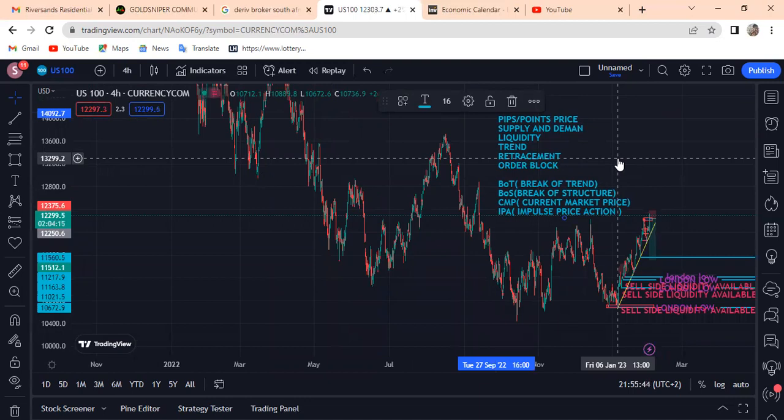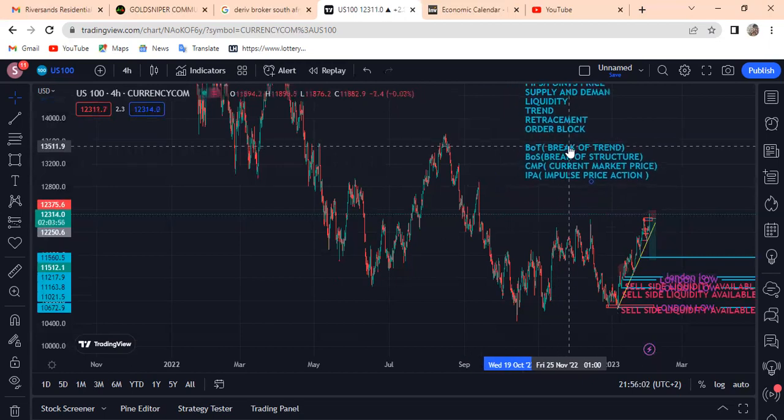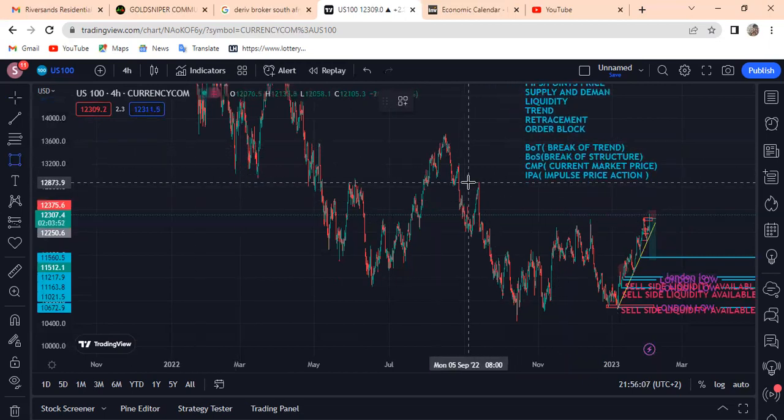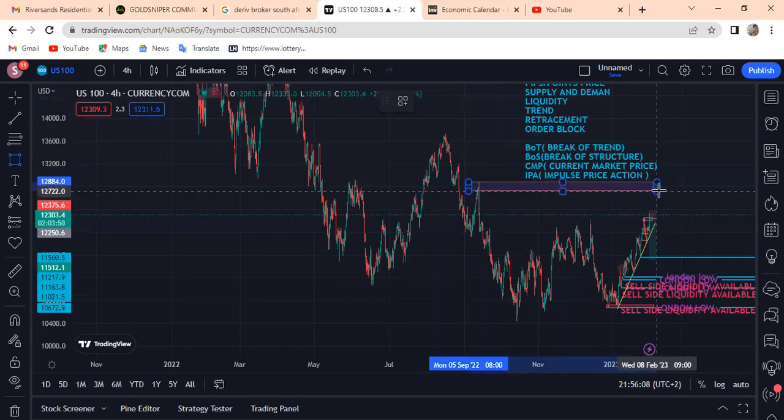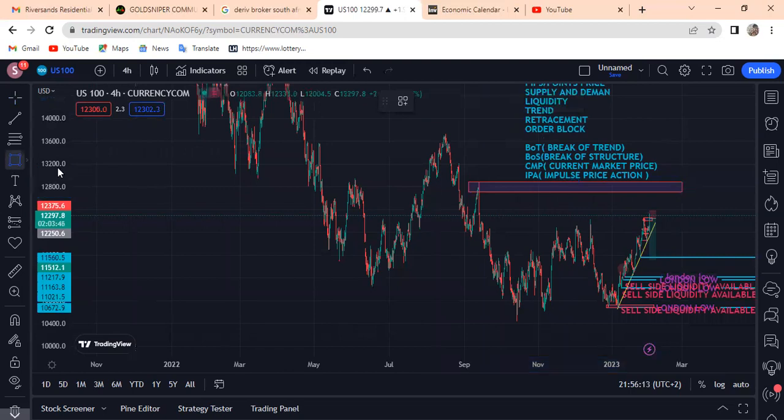So supply and demand has two variables to it. Where there's supply and demand, there's always a discount. The supply can be discounted and the demand can be discounted as well. So you have to find out where your levels of supply and demand are.